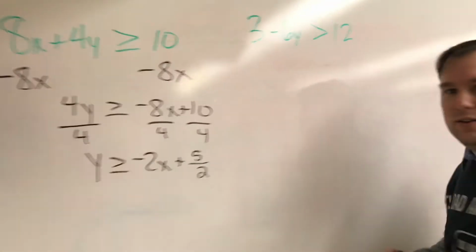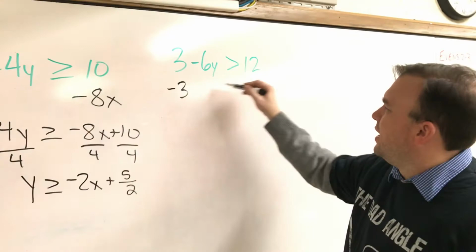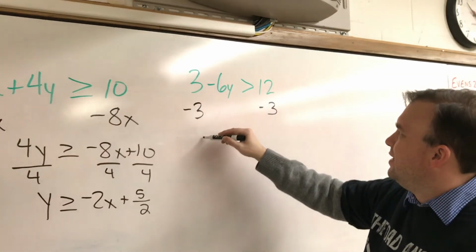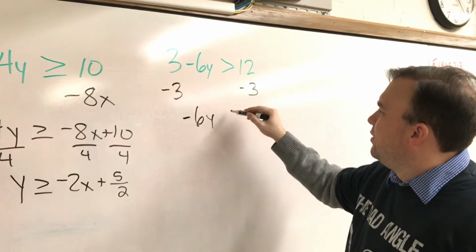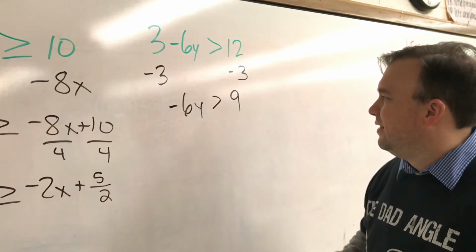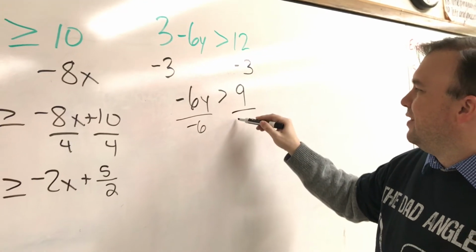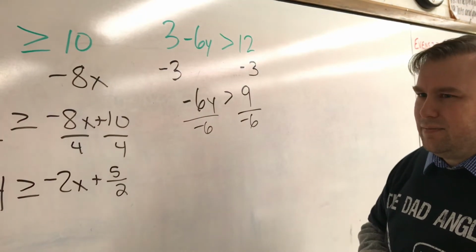This one now. 3 minus, 3 minus. Y6 negative greater than 9. Negative 6 divide by.